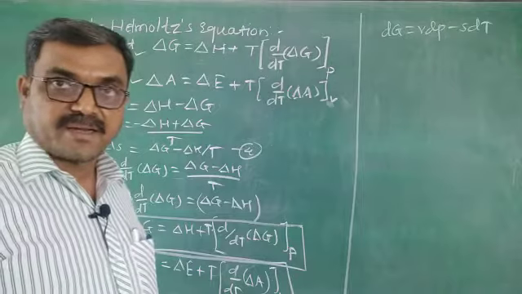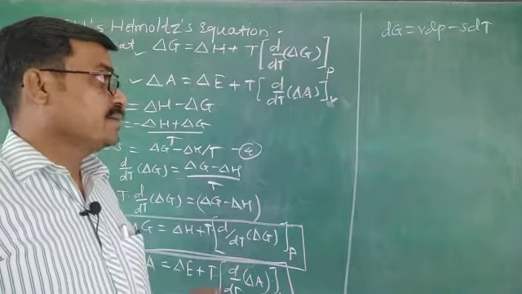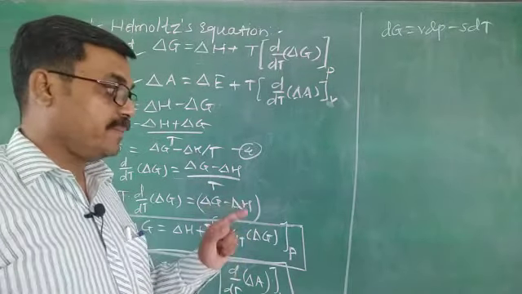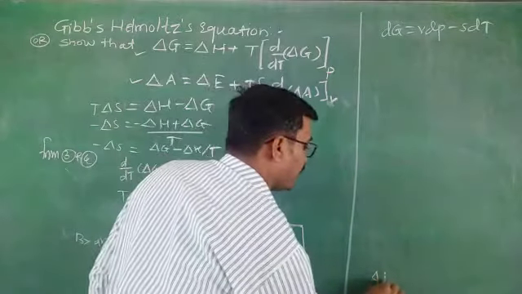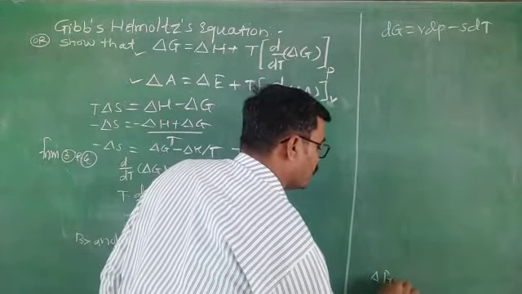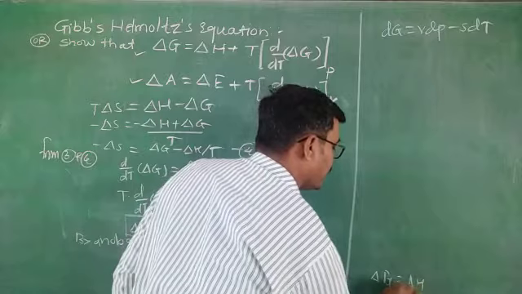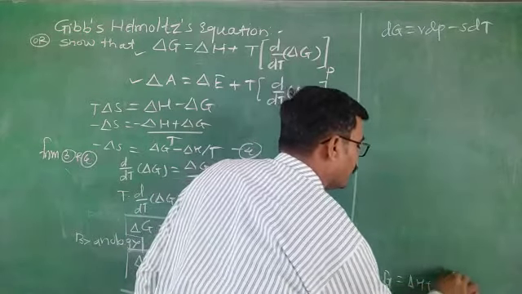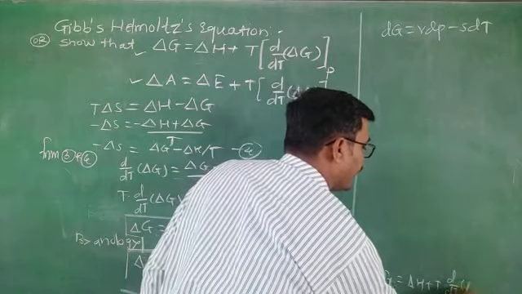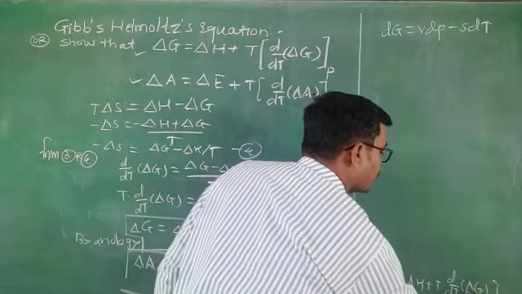Now your aim is to derive delta G equals delta H plus T into d/dT of delta G at constant pressure.